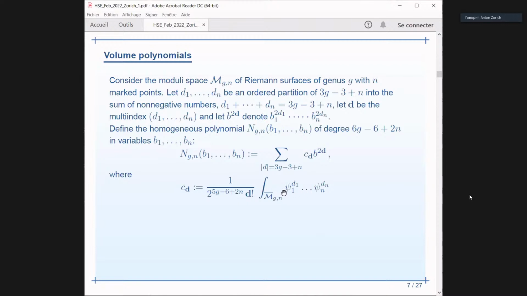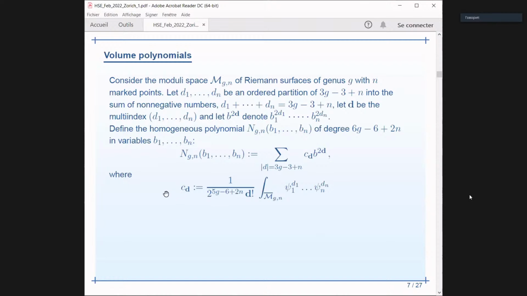For technical reasons, it is convenient to weight these correlators with the weight which is in front of the integral. Then I sum up all these monomials with coefficients corresponding to intersection numbers, and I get a huge polynomial which remembers everything about all intersection numbers, because picking the appropriate monomial, I have the corresponding intersection number as its coefficient.